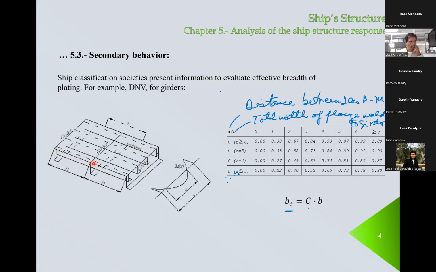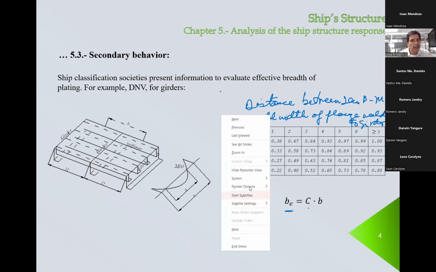Yes, doctor. How do we convert the inertia of the plate of the girder to the simple girder? Would you repeat that, please? I didn't get it. So you said that we have to convert the inertia of the plate?